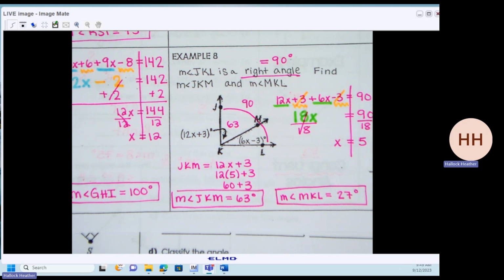Are you sure? Is he right? Said like number 8 and then it says like, then you can start finding.